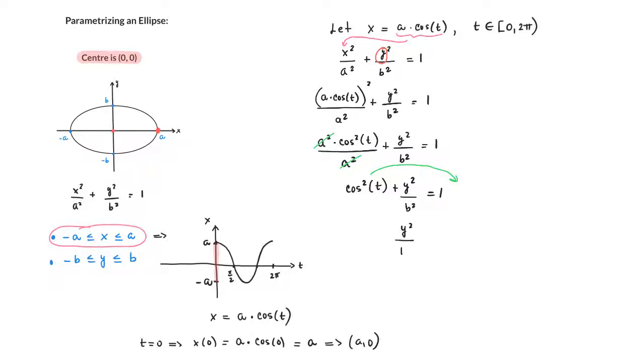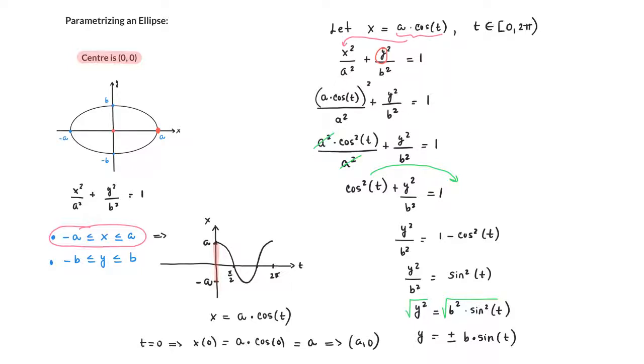So y squared over b squared is going to be equal to 1 minus cosine squared of t, which we know by identity that the right side is going to be equal to sine squared of t, which means that y squared will be equal to b squared times sine squared of t. And then when we consider the square root of both sides, we're going to have that y is equal to plus or minus b times sine of t.